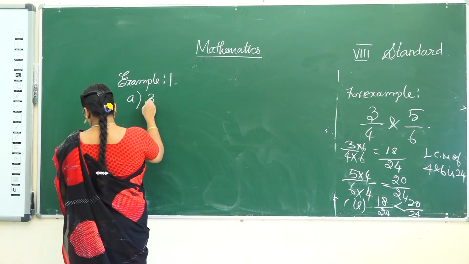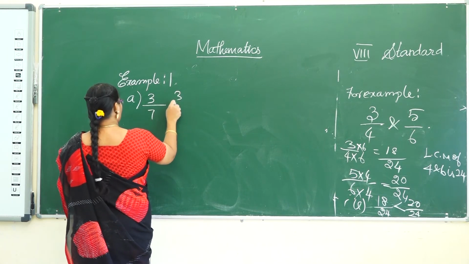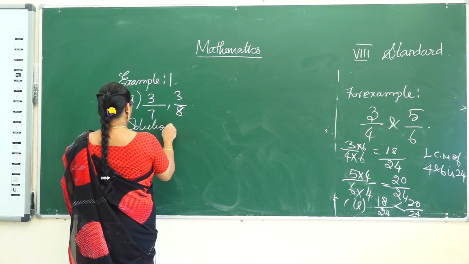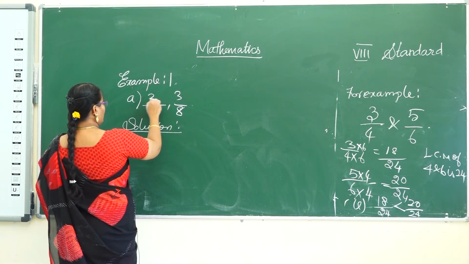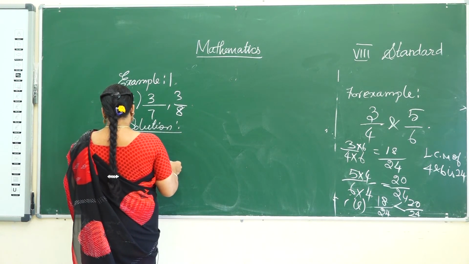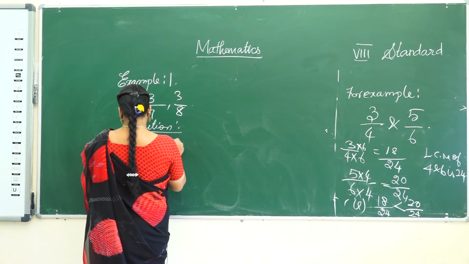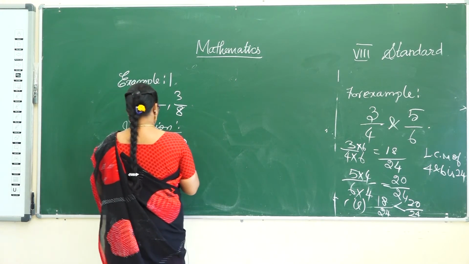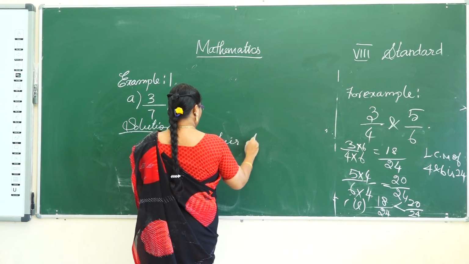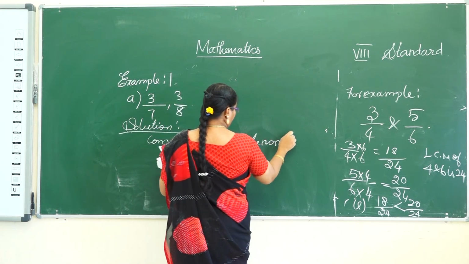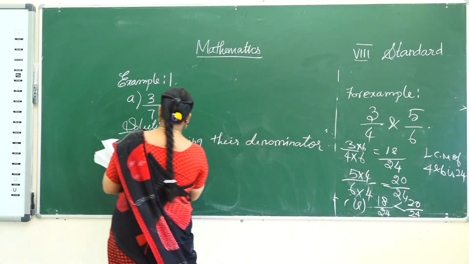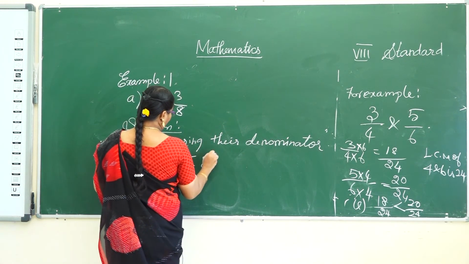See here, the first one, 3 by 7 and 3 by 8. The numerators are the same, so compare the denominators. 7 is less than 8.